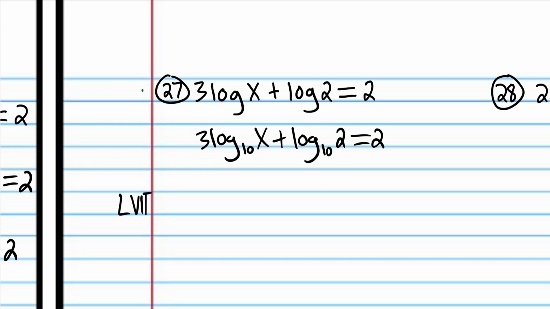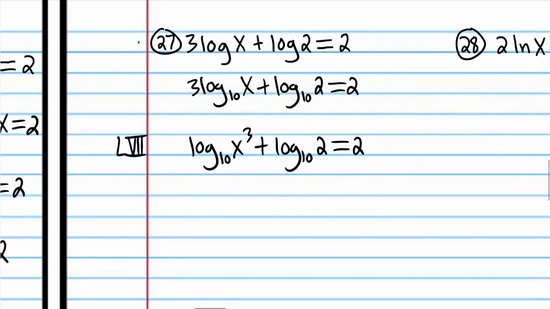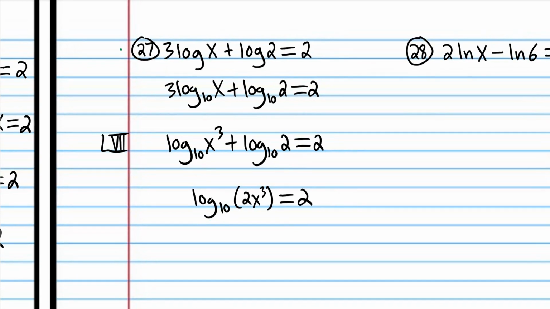So I'm going to use logarithm property 7, take that 3 and throw it up. And then I'm going to combine those logarithms using logarithm property 5.